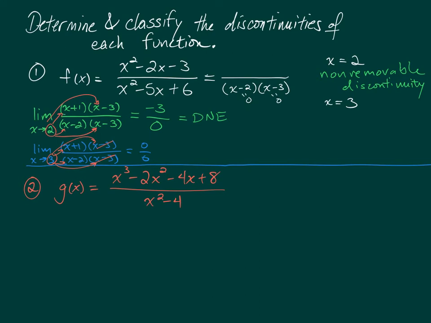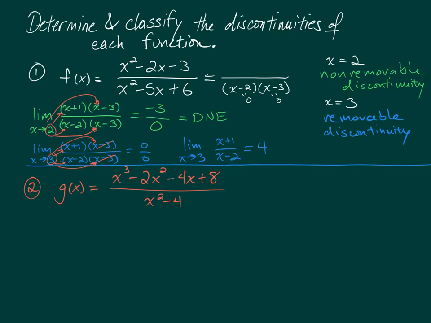After you reduce the factor of x minus 3 from the numerator and denominator, you get the limit as x approaches 3 of x plus 1 over x minus 2, which is equal to 4, which exists and is a real number. Since the limit exists, but there's a discontinuity at x equals 3, there's a removable discontinuity at x equals 3. Now, as we go along and look at more examples, this entire process gets streamlined.